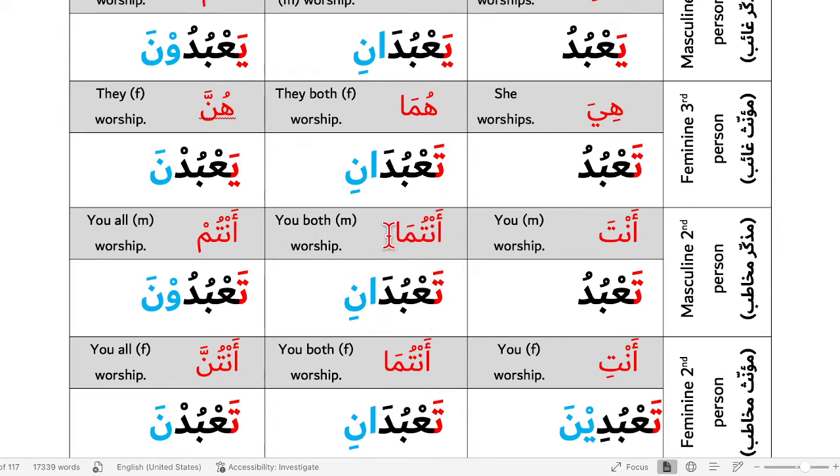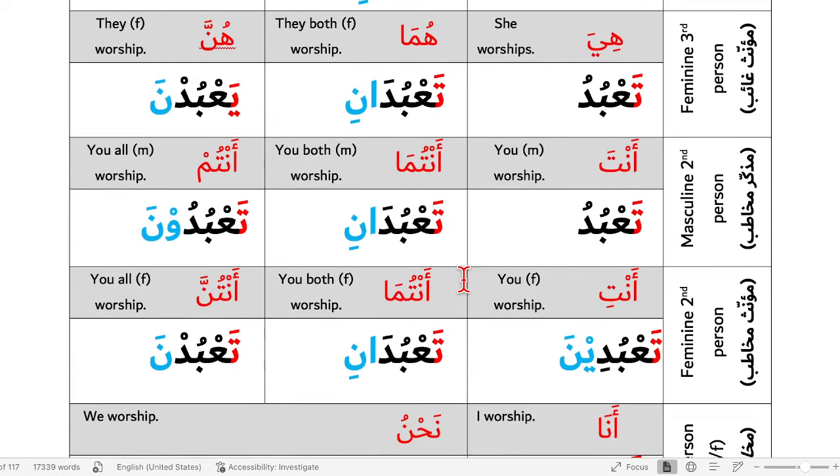This is how you're going to understand the meaning. Yabudu, yabudani, yabuduna, tabudu, tabudani, yabudna. And for the second person masculine, tabudu, they are both the same; only the sentence will explain whether it is the third person feminine or the second person masculine.